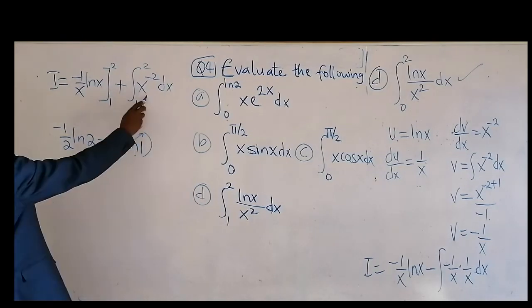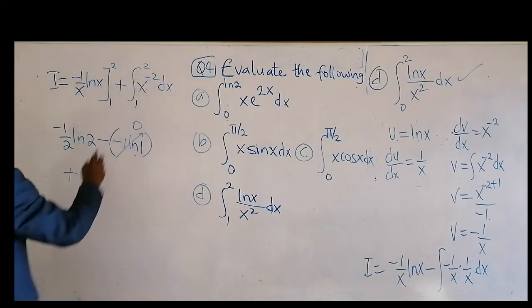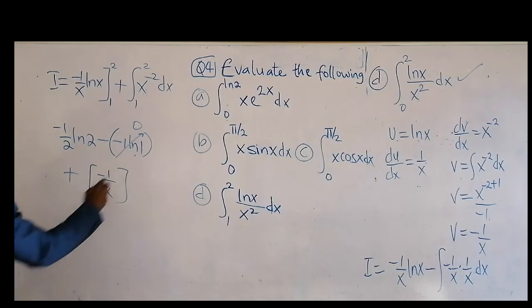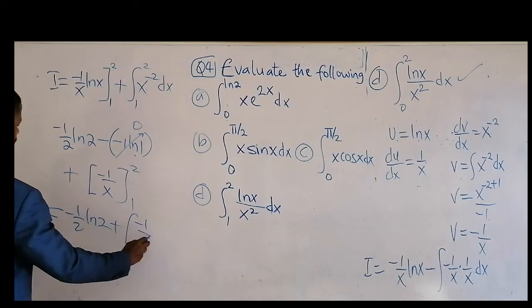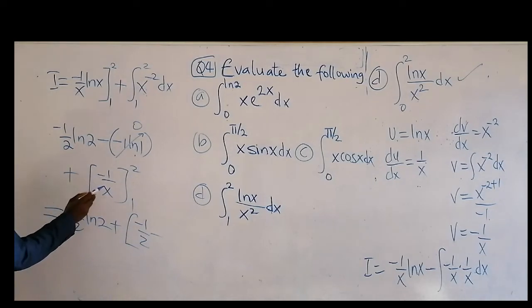Then plus this one, if you integrate x to the power minus 2, it will give us minus 1 over x, then upper and lower boundary. We are going to have now minus 1 over 2 ln 2, then plus substitute this, that's minus 1 over 2 minus lower boundary, that will be minus 1 over 1.